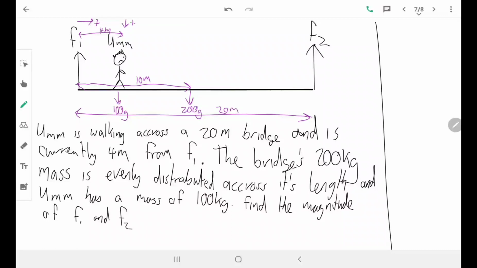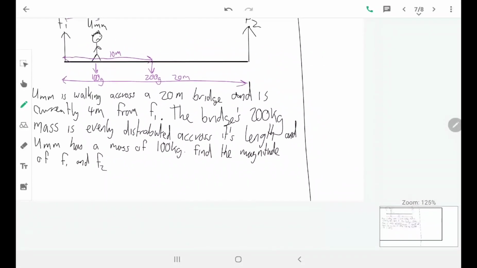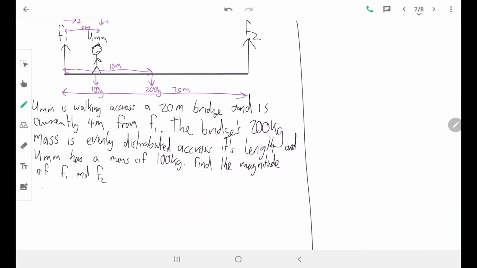And what we're going to do is, I'm going to zoom out a little bit, so we'll get the whole thing in. I'm going to take moments around F1. So I'm going to use F1 as my pivot, and I'm going to assume it's all going to try and rotate like that, up and down, around those pivots. So we have F1 times 0, so our force F1 is 0 meters from F1.